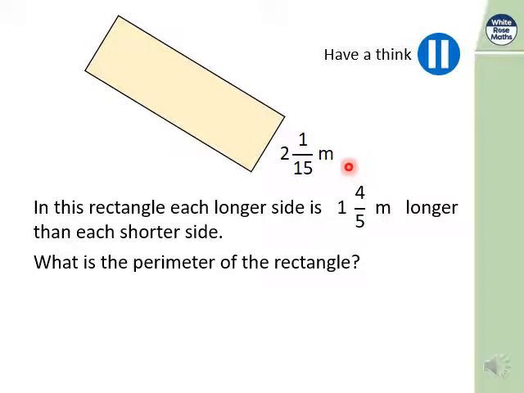So have a think, what could you do to find the longer side? And then your next question, what is the perimeter of the rectangle? Can you remember what perimeter means? Pause the video and have a go at this question.